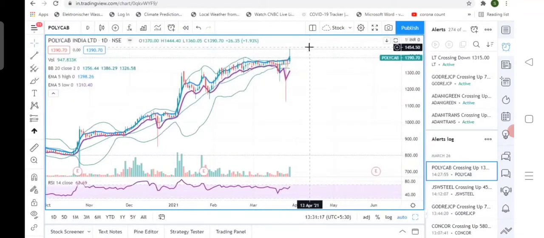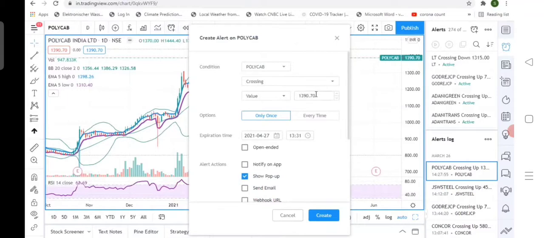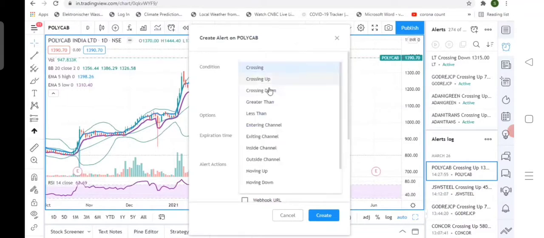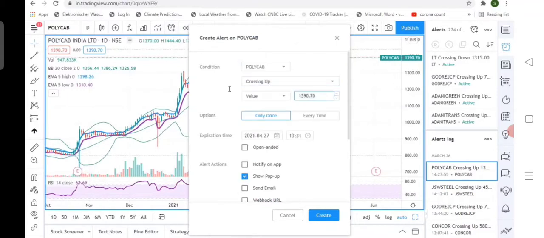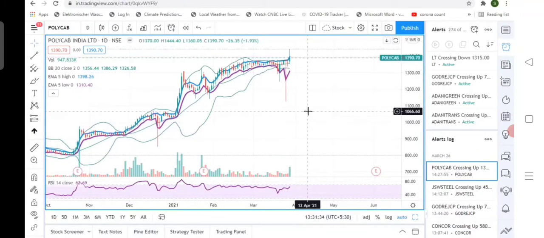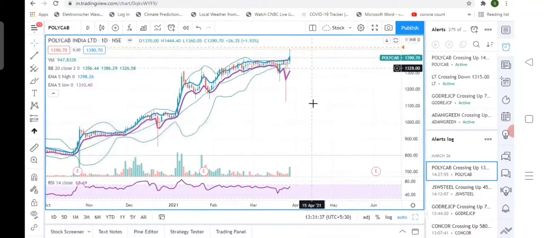My Polycab had a good breakout, but it failed. Let me put an alert: crossing above, crossing up 1455. So you can see how soon I can put an alert.